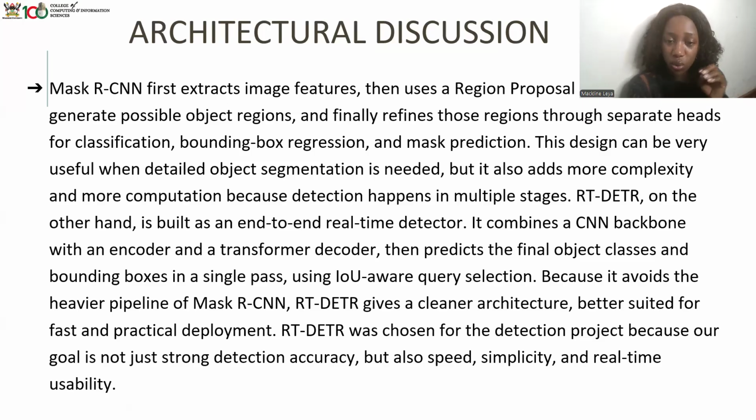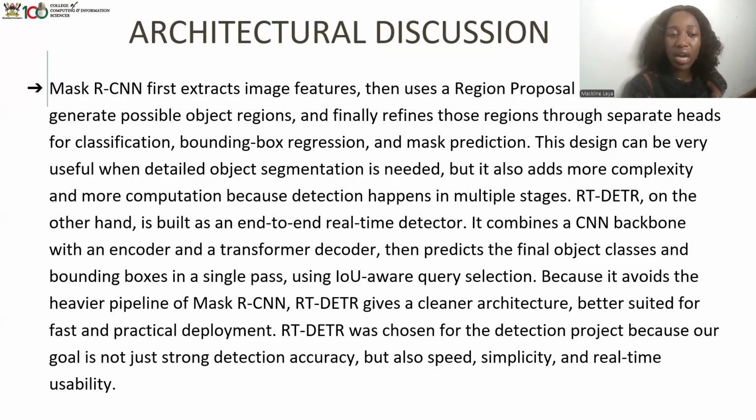It will look at the object, then through the encoder and transformer decoder, it will predict the final object class and bounding box without doing anything extra. Because of this, we shall have less computation in our RT-DETR model.